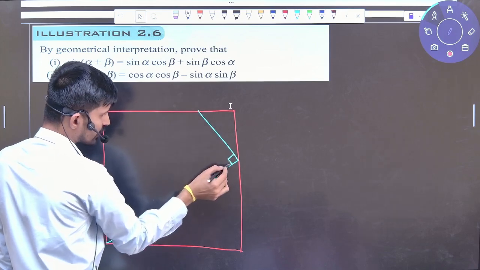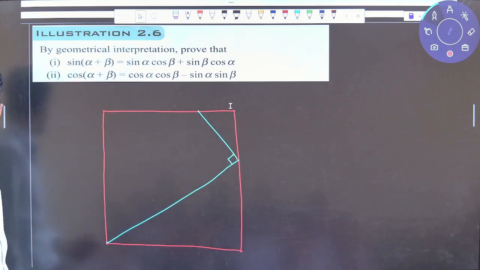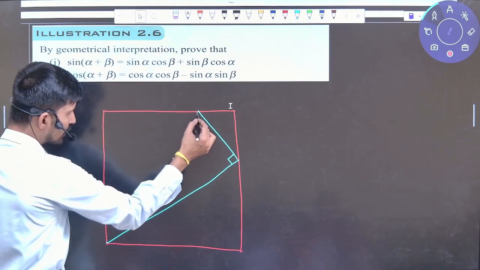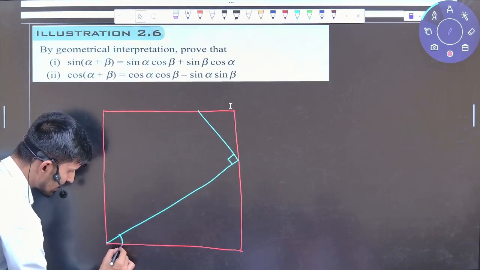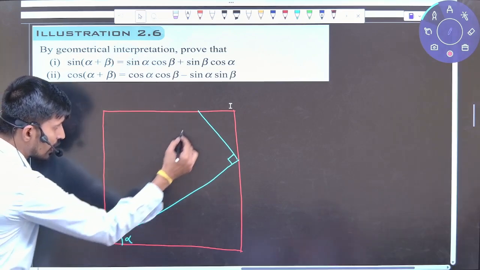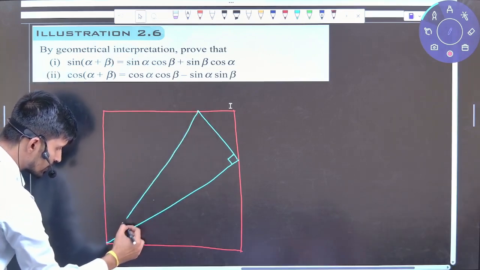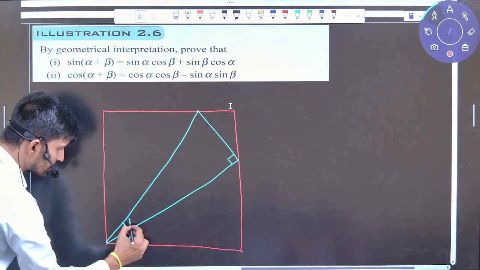This is 90 degrees. And I will consider this angle as alpha, and I will connect this part with this, and consider this beta.